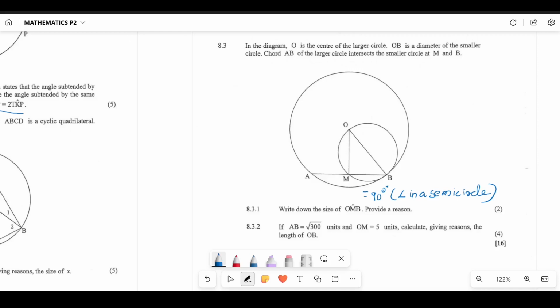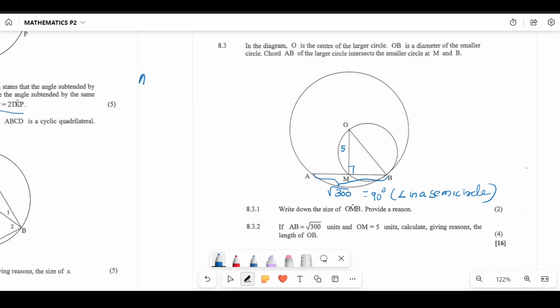Now 8.3.2, if AB equal to square root of 300 units and OM equal to 5. So this is 5 units and AB is square root of 300. Giving reasons the length of OB. So we just now found that this is 90 degrees. So if the line from the center to the chord is 90 degrees, then it bisects the chord. So that's what we are going to write first.